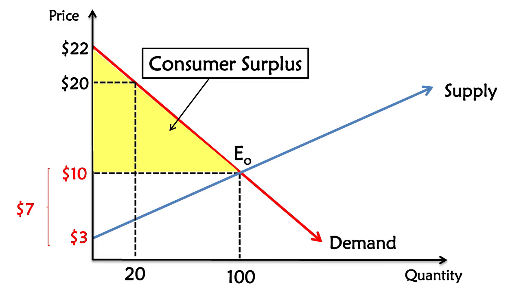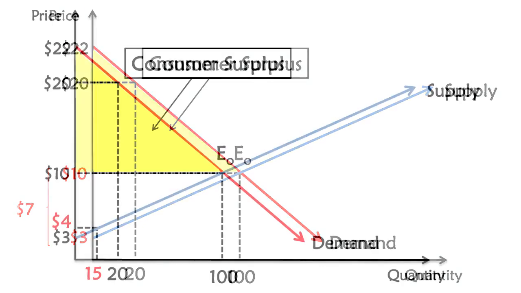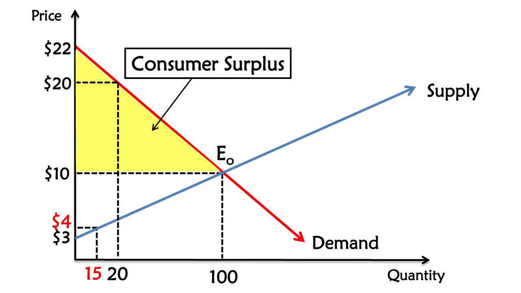Please remember that we assume that marginal production cost increases. Hence, producing the 100th unit would cost him $10. The producer's cost of producing the second unit was much lower than $10. For clarity of presentation, because there is not enough space to draw it on the graph, let's look at the 15th unit.